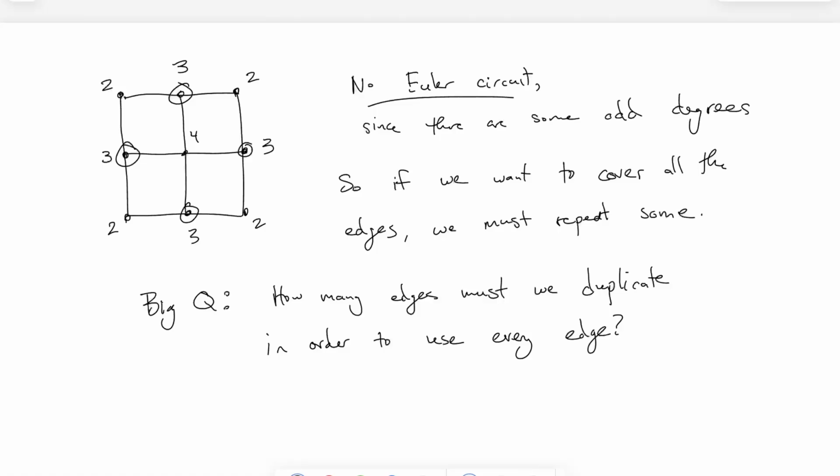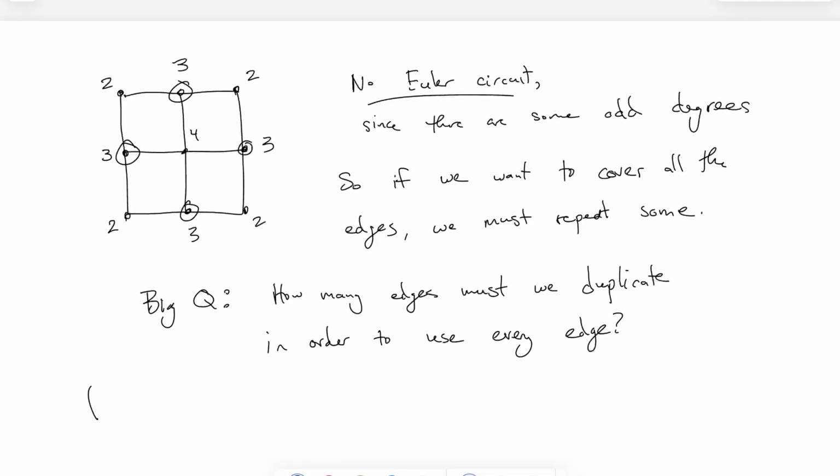Actually, in this example, just because I know how to do this, you have to actually repeat 4 edges in order to make this one happen. But that's what we're going to talk about. It's not actually because there are 4 odd vertices. But anyway, we're going to talk about how can you look at the graph and figure out how many we need to repeat. All right, so this one, maybe I'll just put that in parentheses.